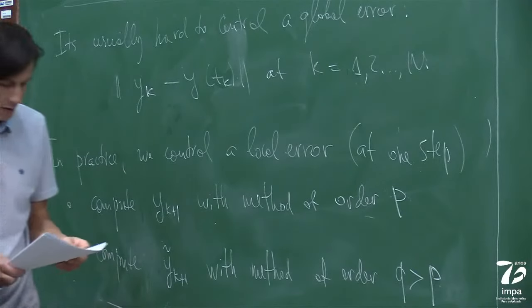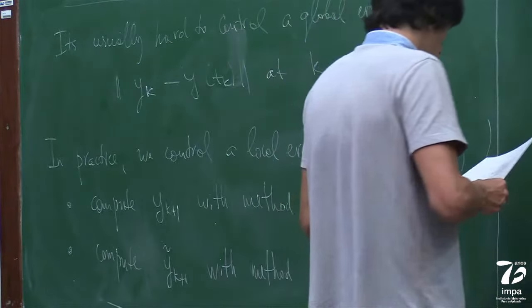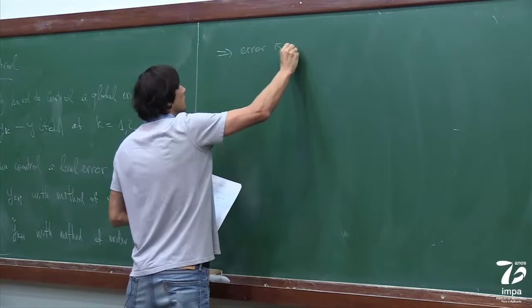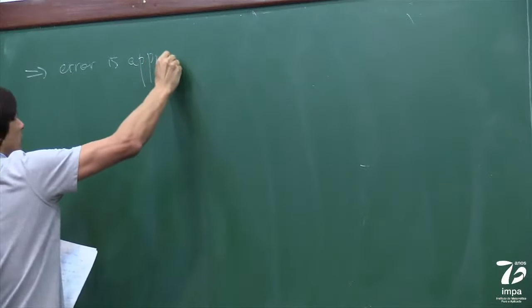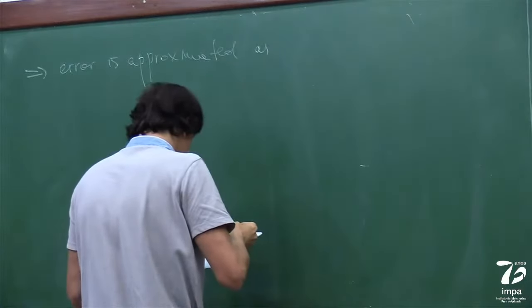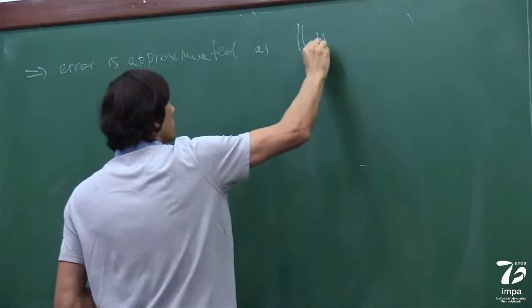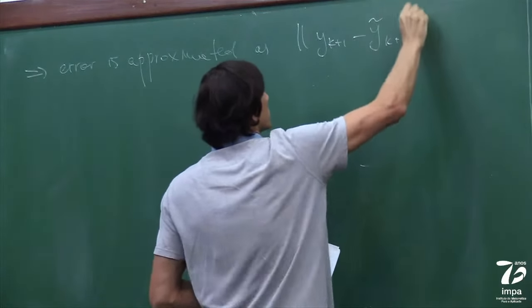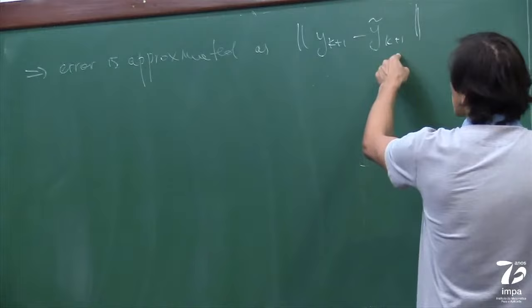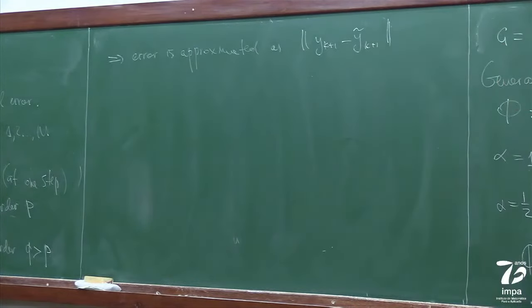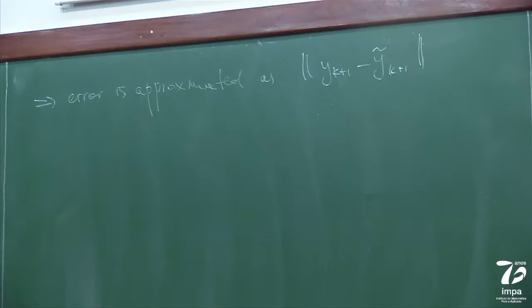So you can approximate the error as a difference. Because this is much closer to the exact value than this, the difference essentially gives the largest part of the error.